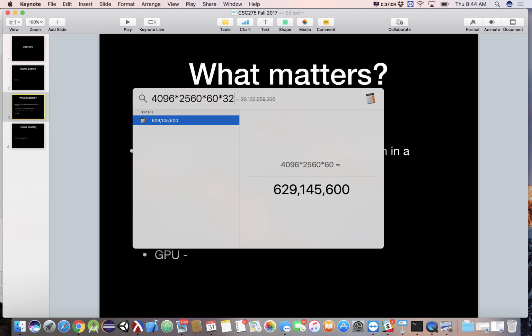So that's times 32, the number of bits for a single second of gameplay. Divided by 8 gives us bytes. Divided by 1024 gets us kilobytes. Divided by 1024 gets us megabytes. Divided by 1024 gets us gigabytes. So 2.3 gigabytes of uncompressed data to show 1 second of gameplay at 4K.